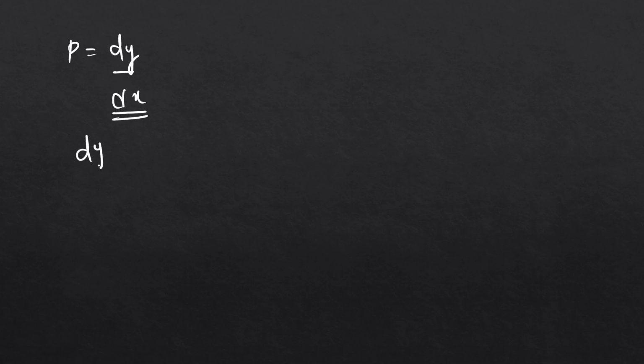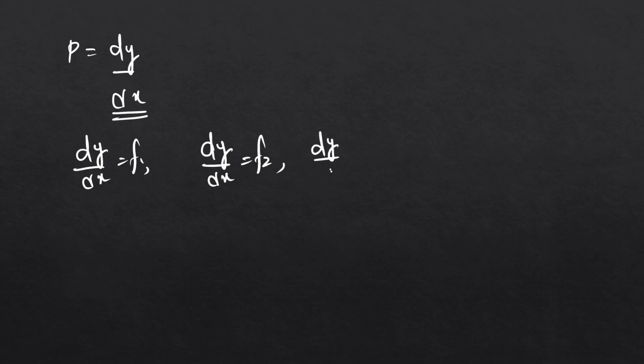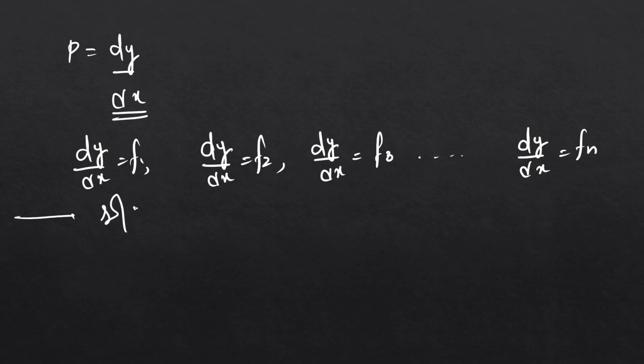So it means that dy by dx is equal to f1. Similarly, dy by dx is equal to f2, dy by dx is equal to f3, up to so on, dy by dx is equal to fn. Then we will solve these equations.